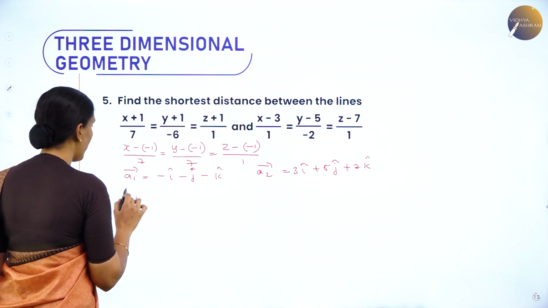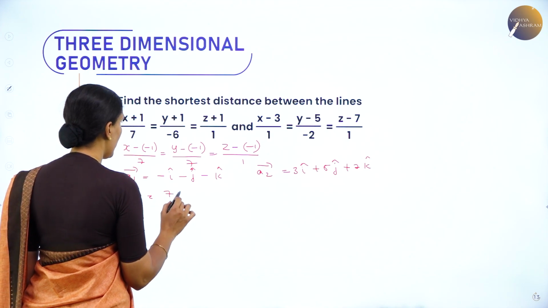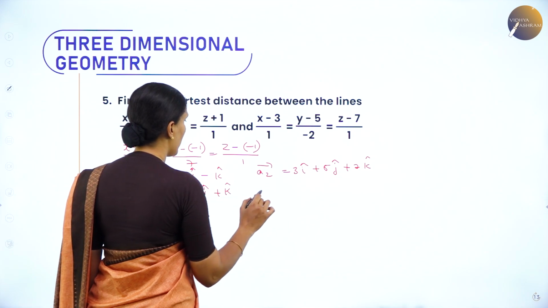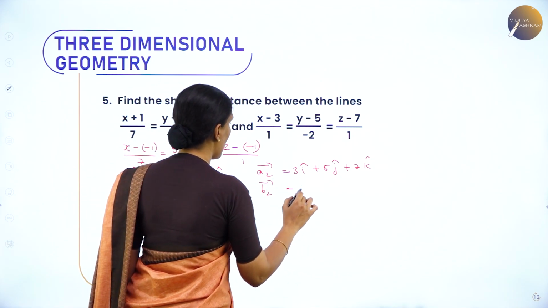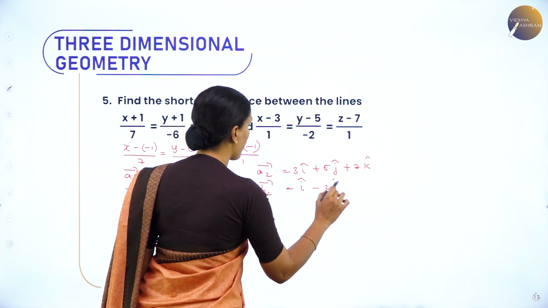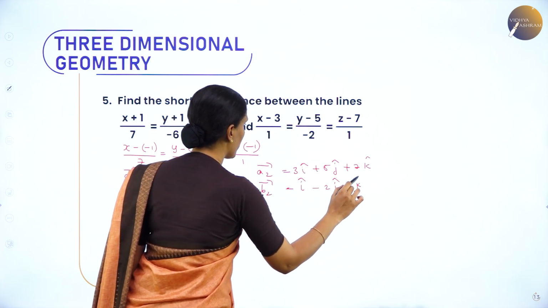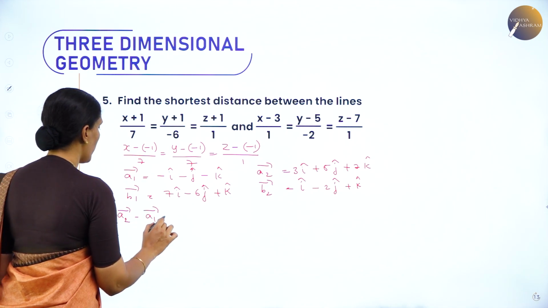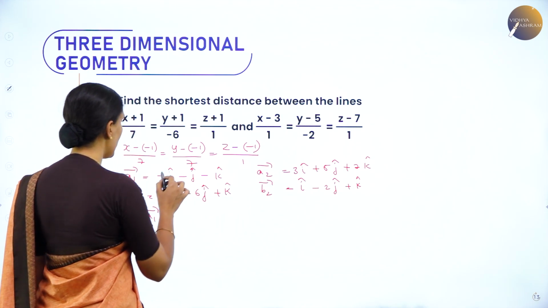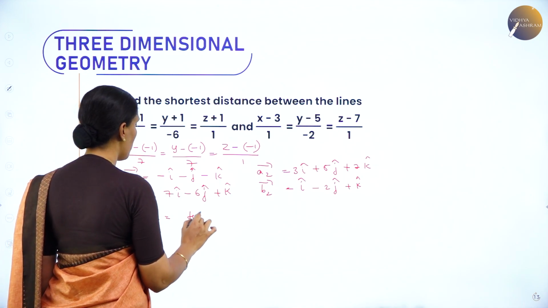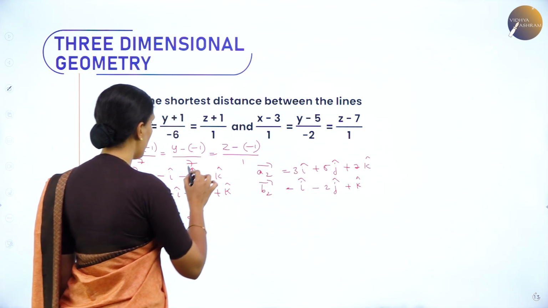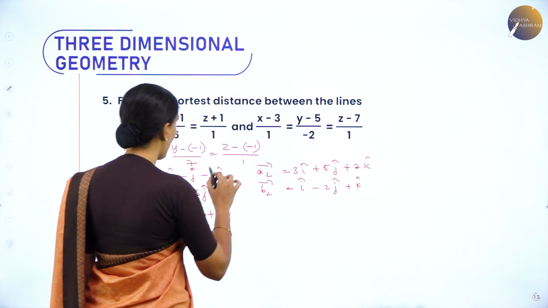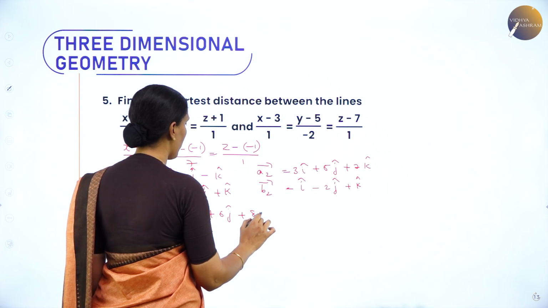Similarly, vector B1 is 7i minus 6j plus k, and vector B2 is i minus 2j plus k. Now let's find A2 minus A1. A2 minus A1 is 3i minus of minus i, which becomes 4i; 5j minus of minus j, 6j; and 7 minus of minus 1 becomes 8k.